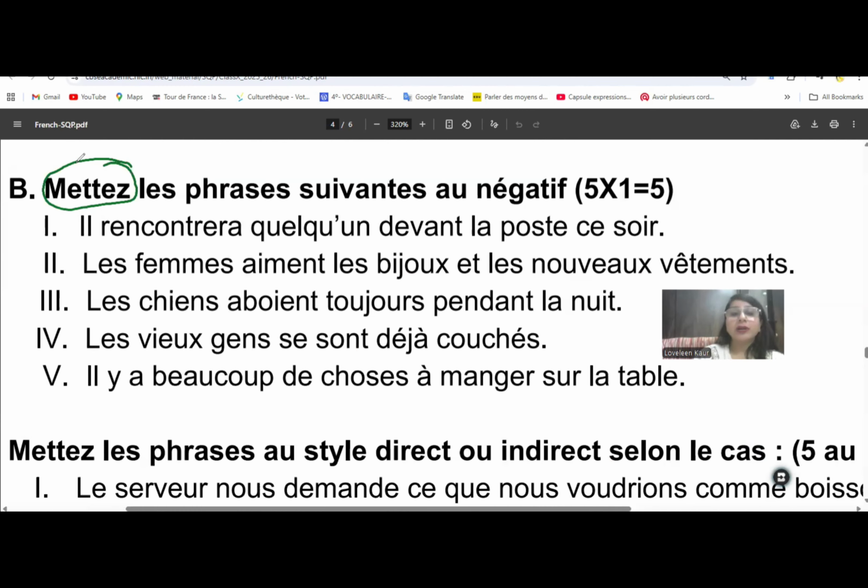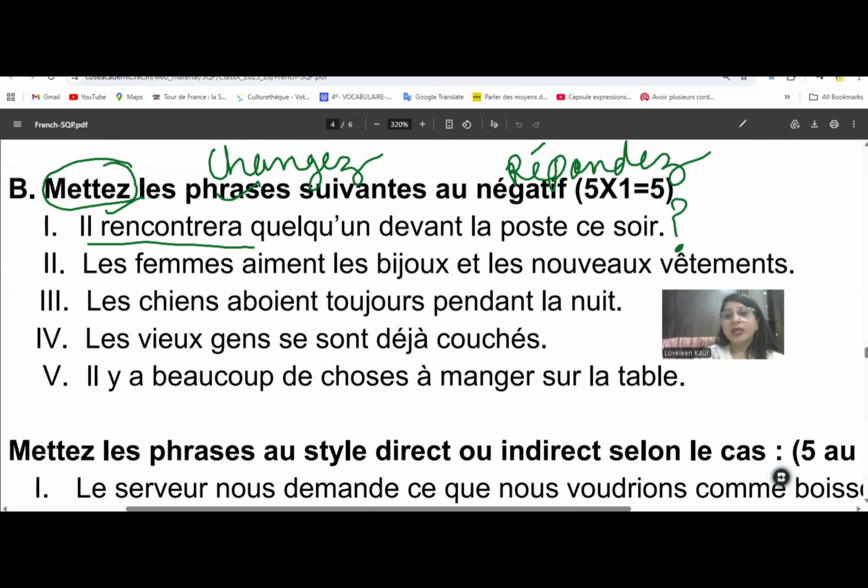That is a kind of reply. If it's written "mettez les phrases" or "changez les phrases", changer means change, mettez means put or convert. That time you need not change the subject pronoun. But if they have given a question form and written "répondez", it means reply. That time you have to reply. Do not simply change the sentence.